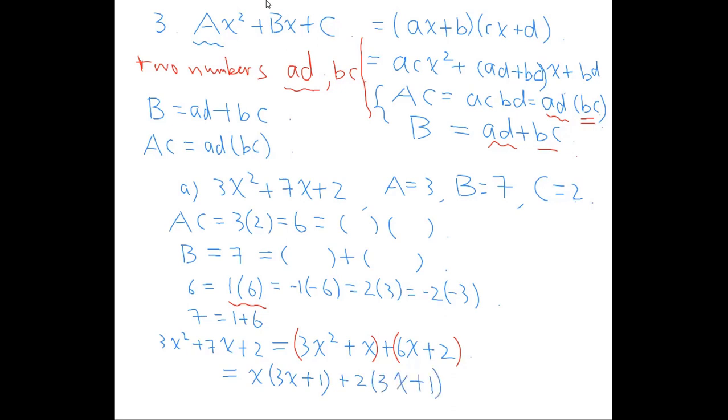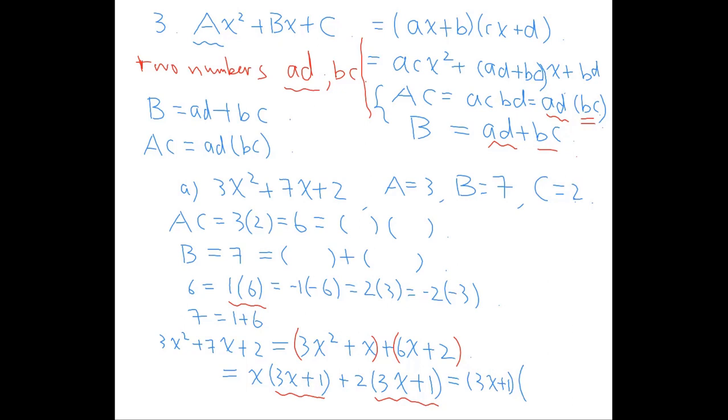Look at these two terms. And what is common to these two terms? This is a common factor of these two terms. So let's factor this out. So you have 3x plus 1. Then times, so we already factored this 3x plus 1 out.